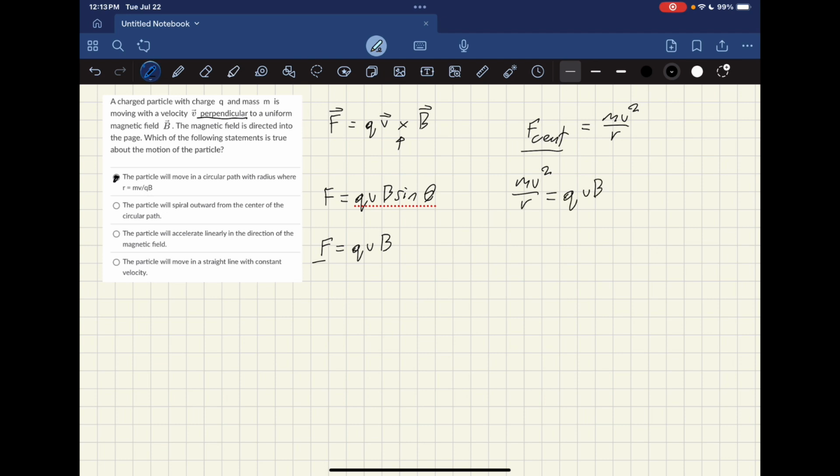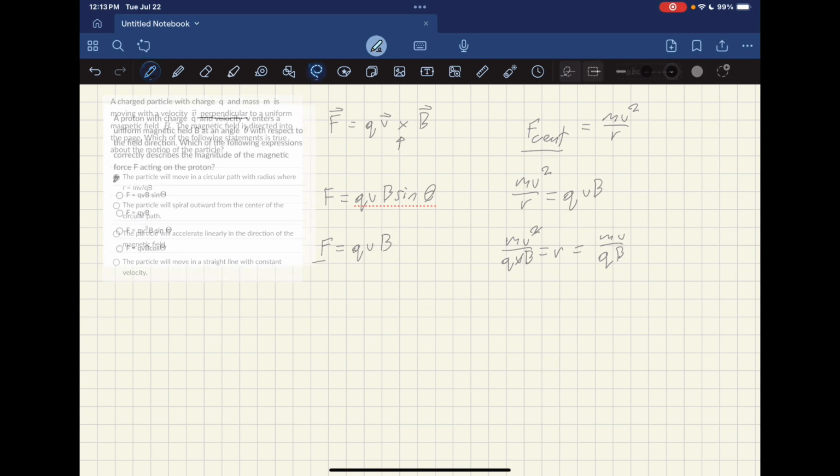We want r by itself, so you multiply both sides by r and then divide the right side by qvB, and we end up with mv squared over qvB equals r. This v and this v cancel out, so we have mv over qB equals r, which you see does match up with the first option there.